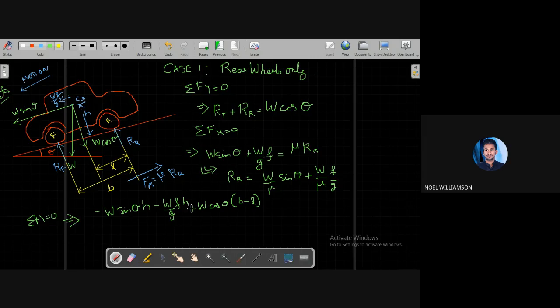That's why we are using plus. And then the reaction RR, which is at a distance b, will constitute a counterclockwise moment, so we use a negative sign: minus RR into b.